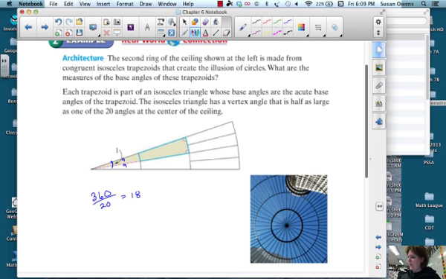Okay. So I know that this is an isosceles triangle at the top. So if I take 180 degrees and subtract off that 9, I get that this is 171 degrees for the other two base angles. And if I divide by 2, I get 85.5 degrees for each one of these base angles.